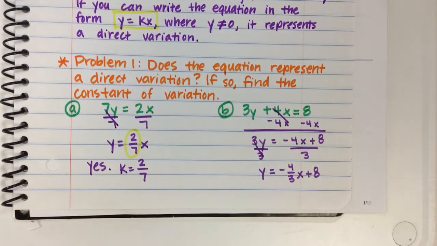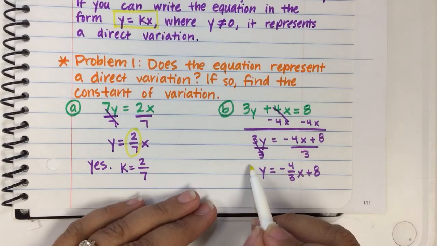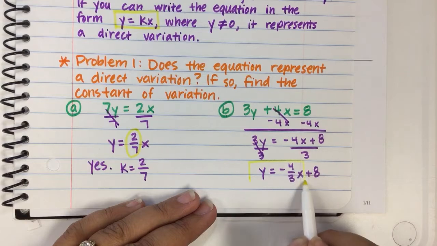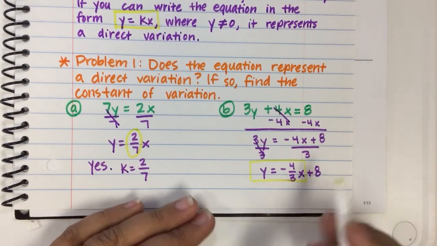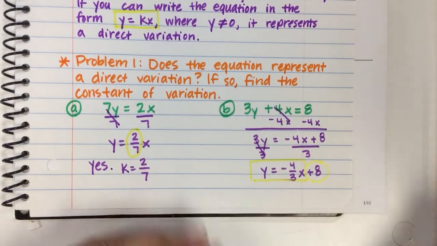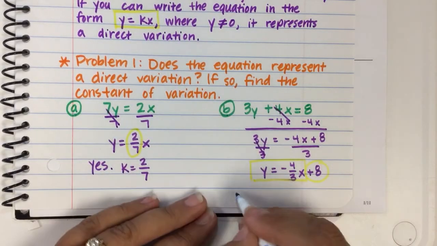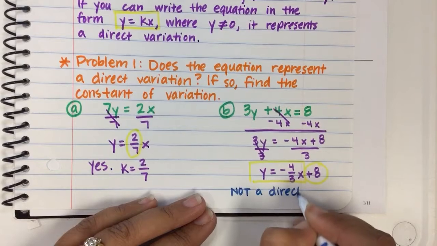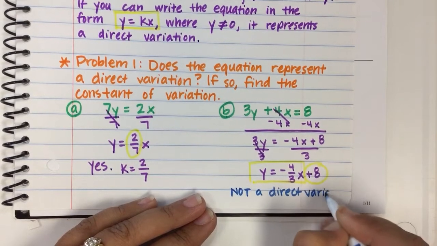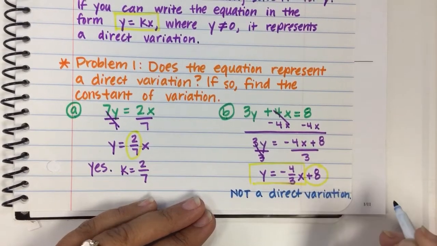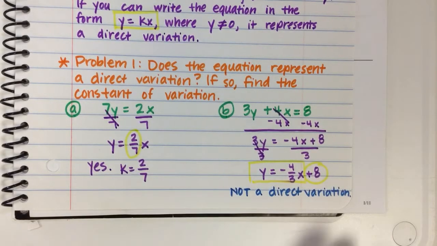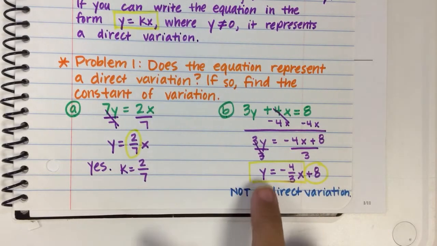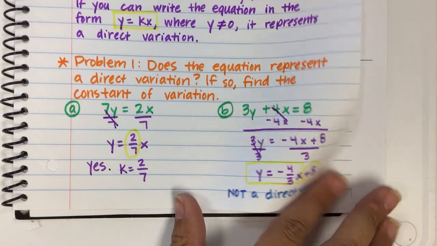This is not a direct variation because it's not just y is equal to negative 4/3 x. If it had just been this part, it would have been a direct variation. This plus 8 makes it not a direct variation. It can only be y is equal to kx. So the plus 8 makes that not a direct variation.